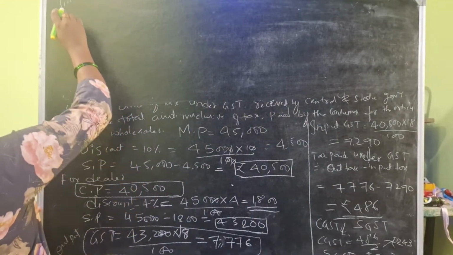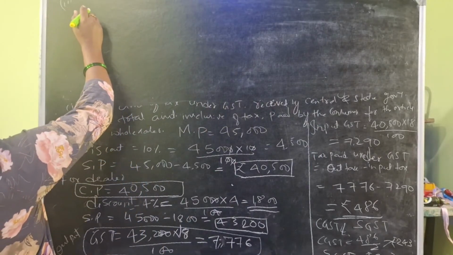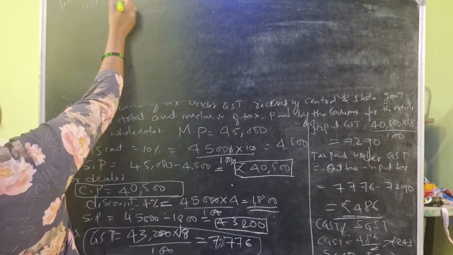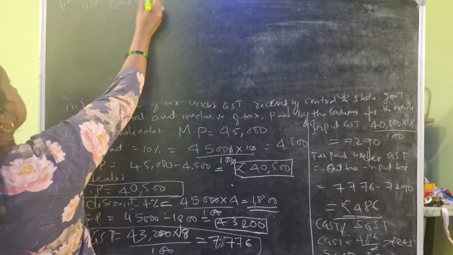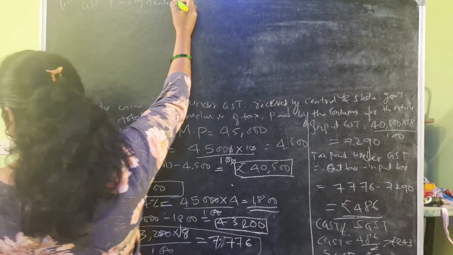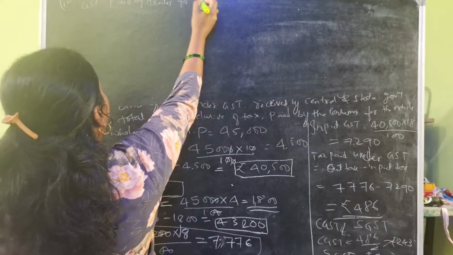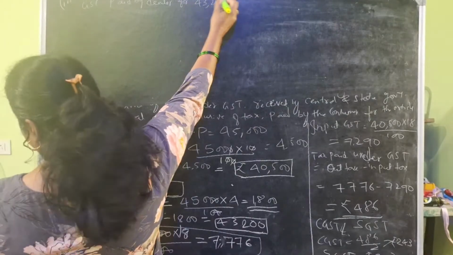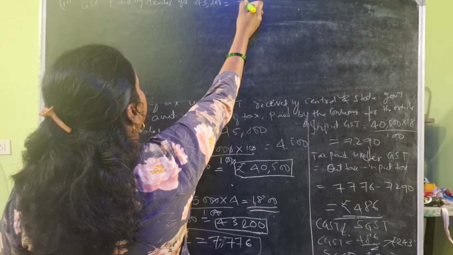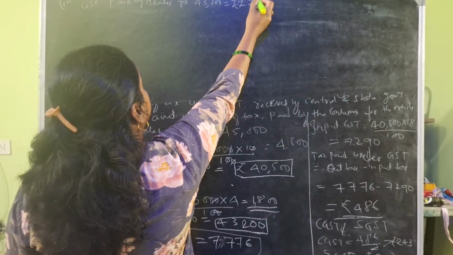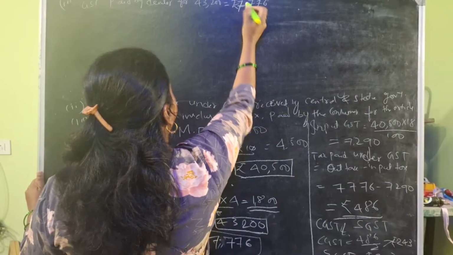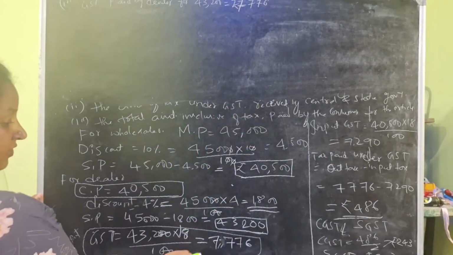Here we have already calculated the GST paid by dealer for the cost price 43,200, which is rupees 7,776, isn't it? We have calculated here.